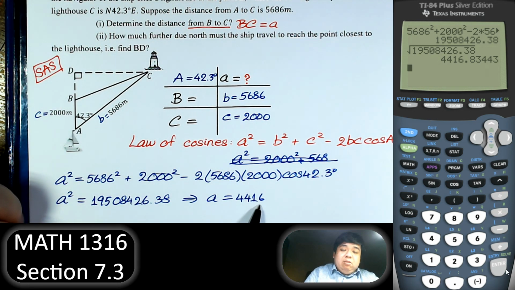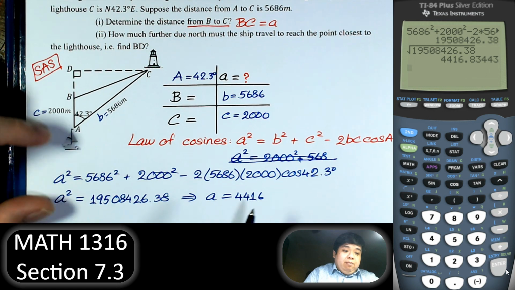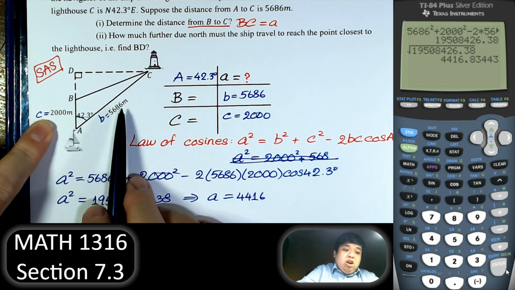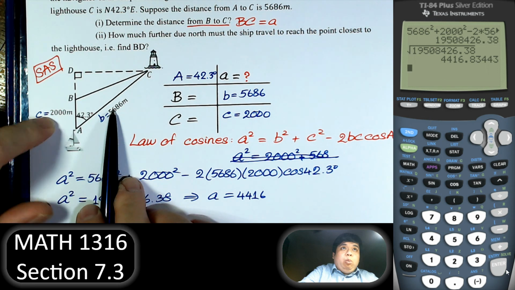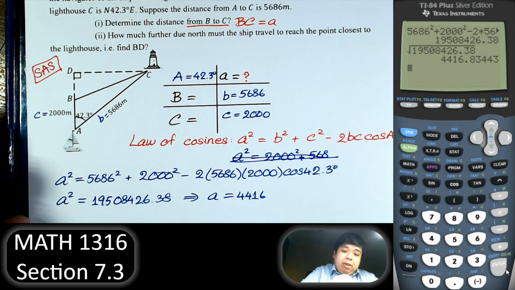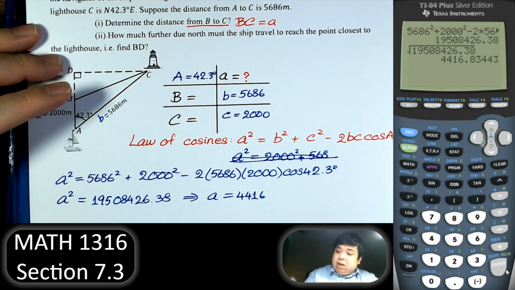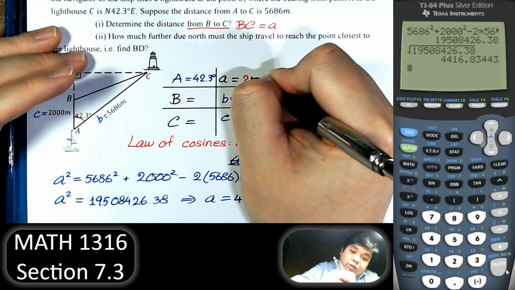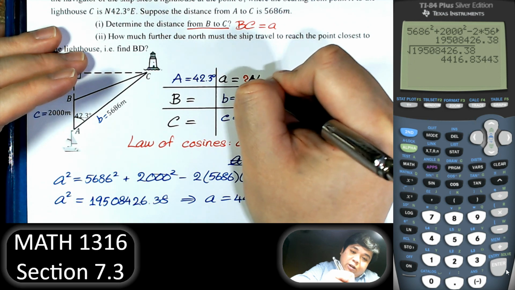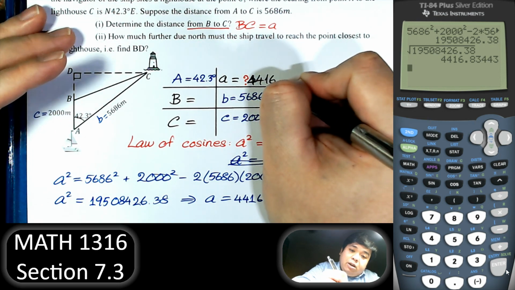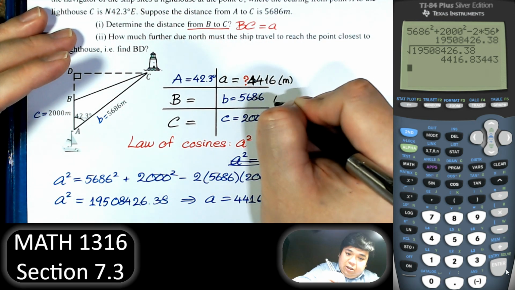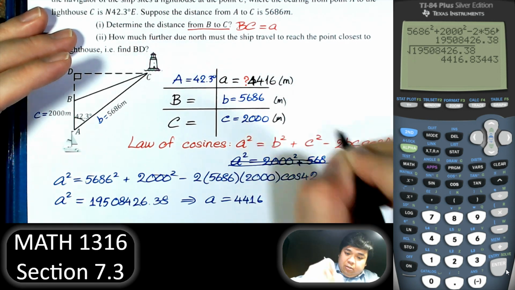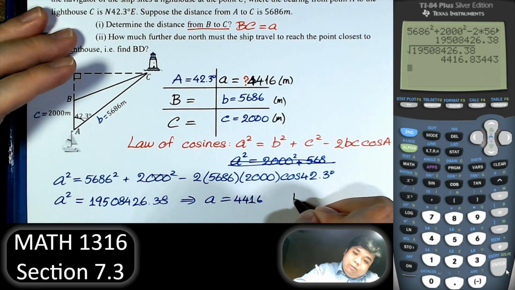If we had like 1000, those two put together would not equal to this, right? So make sure when we have the answer, check if it makes sense. So the distance BC is equal to 4,416 meters.